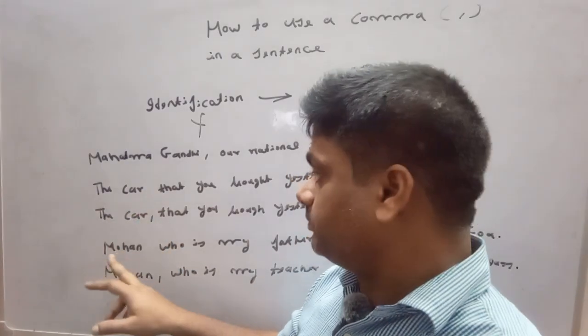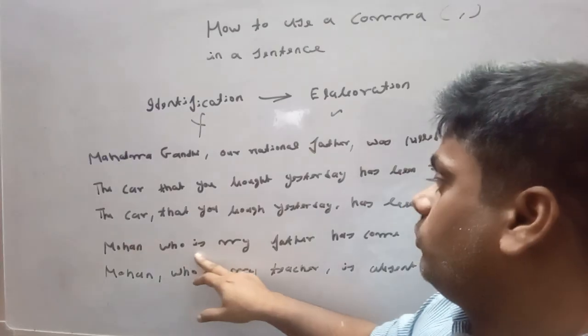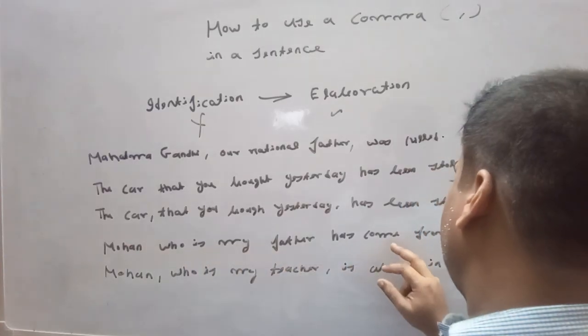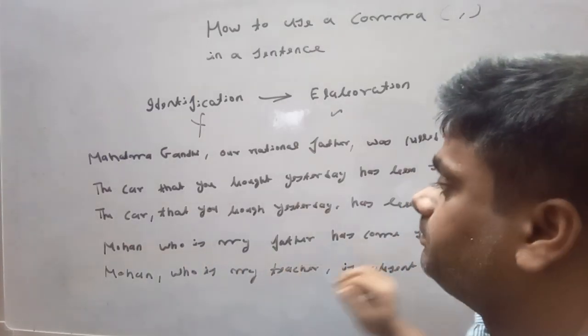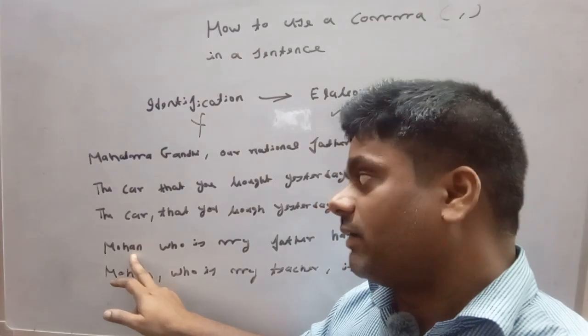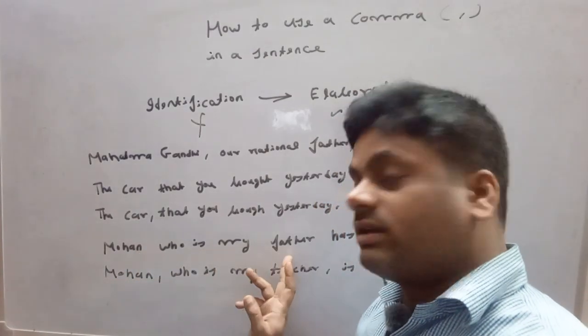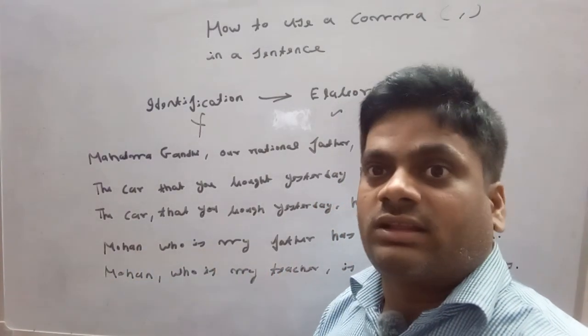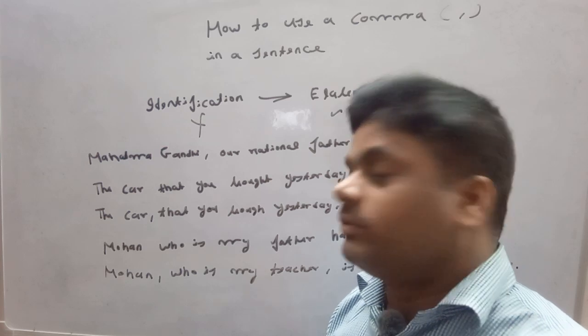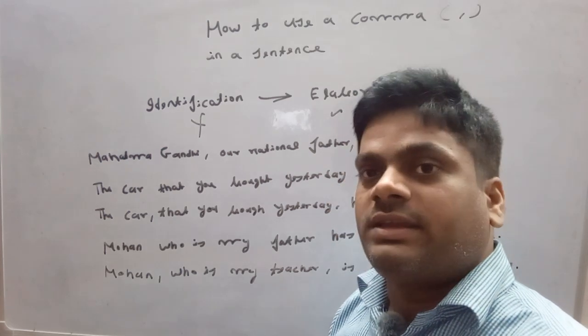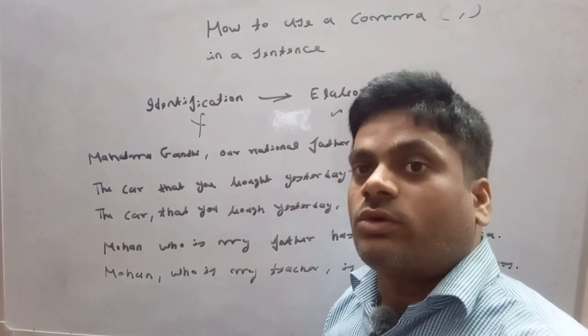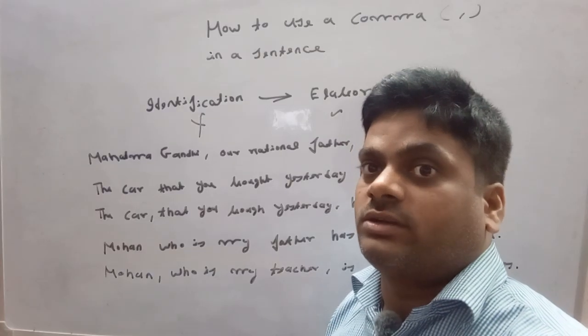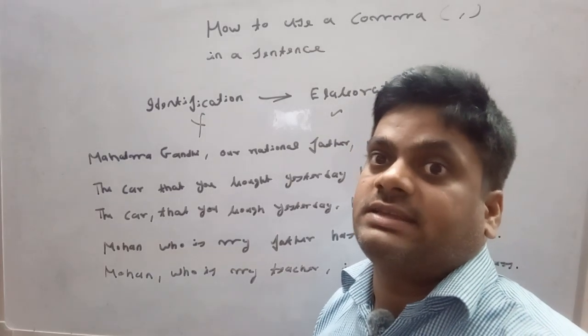In the next sentence, Mohan, who is my father, has come from Goa. Here, Mohan, who is my father. In case of father, we need not identification but elaboration, because everybody has a single father.